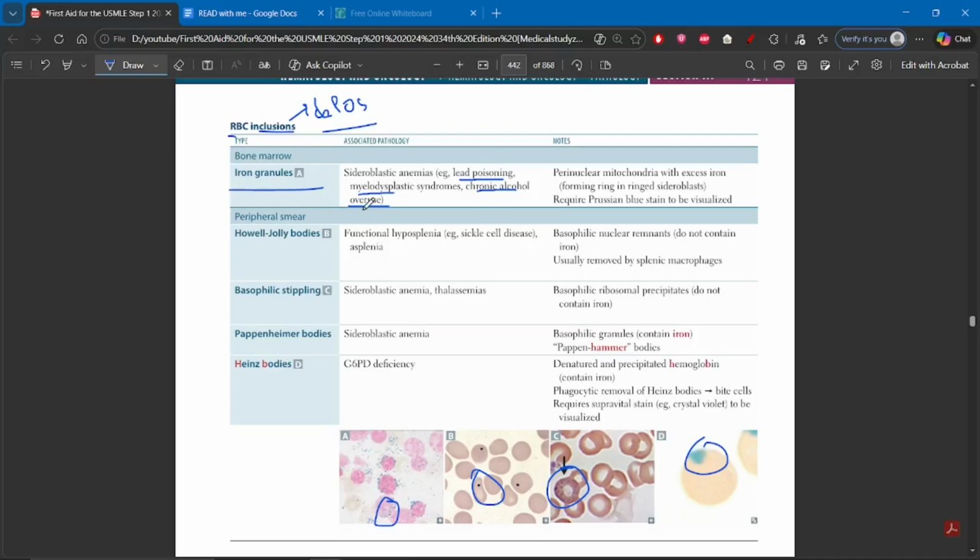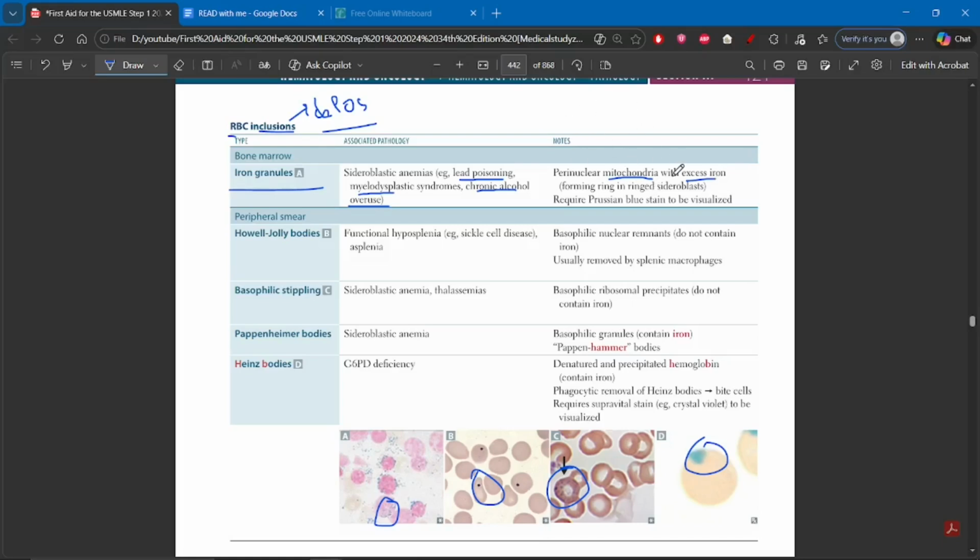Chronic alcohol overuse can cause mitochondrial toxicity. Mitochondria is basically the place where heme formation is being done. So that is why there is perinuclear mitochondria with excess iron, because the process that is supposed to happen in the mitochondria is not happening.